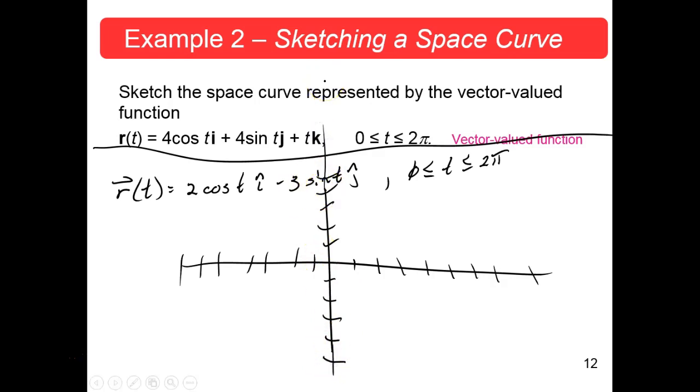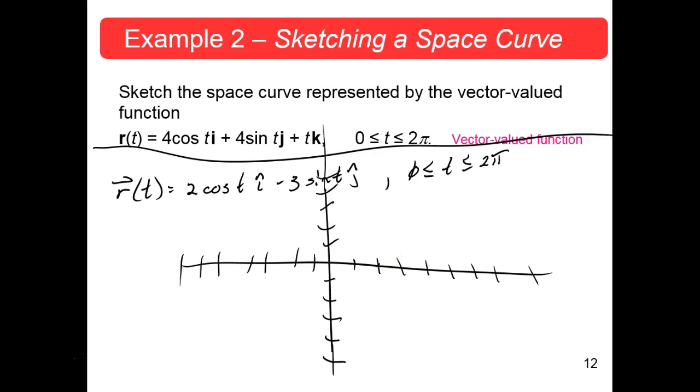We'll expand later if we need to. Okay, we know where we're starting. t is equal to 0. So where would that begin? 2 cosine. Cosine 0 is 1. 2 times 1 is 2. So 2i.